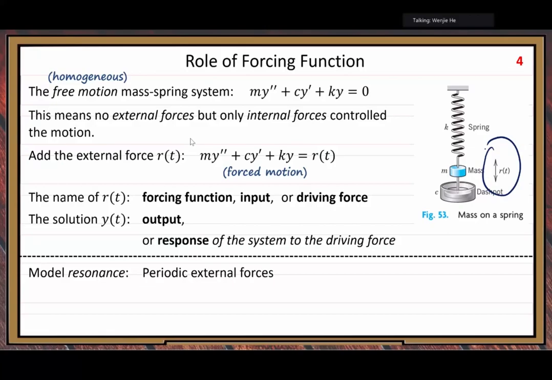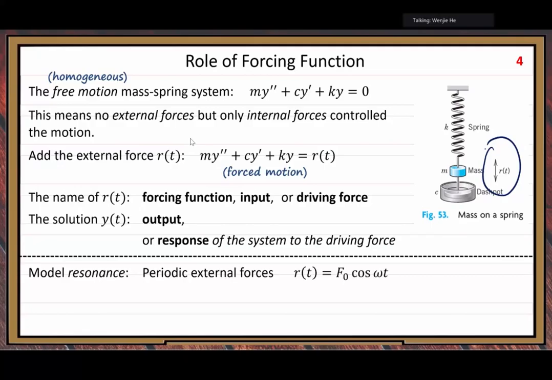The resonance phenomenon occurs for a special type of external force, periodic. When the external forces have this periodic property, then this resonance problem could occur. If non-periodic, then no resonance problem.